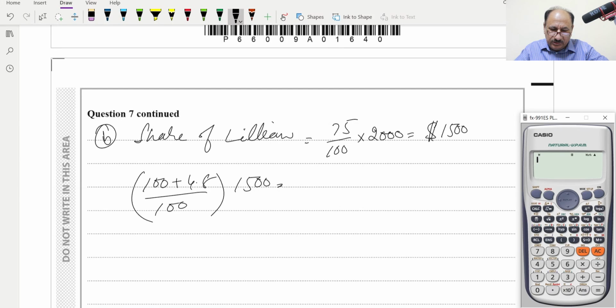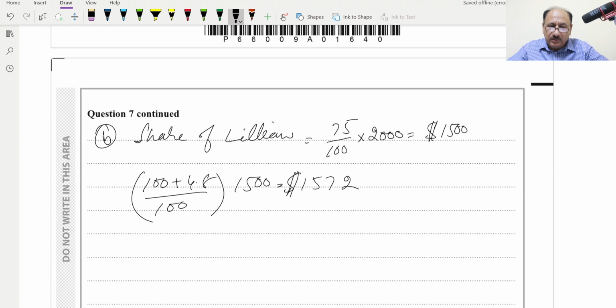I'll just recalculate to double check. I think I've made some mistakes, so to double check I will write again 4.8 over 100, multiplied by 1500, and there should be a multiplication symbol over here, and the answer is 1572.